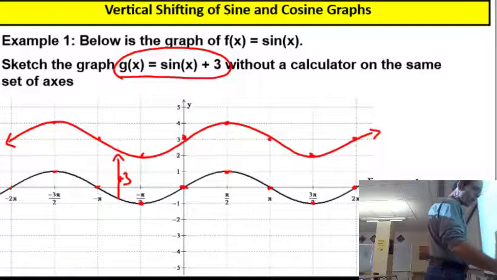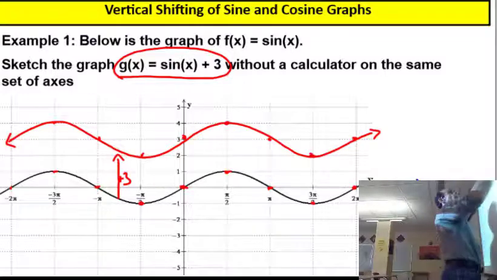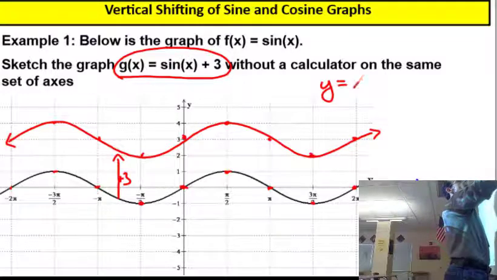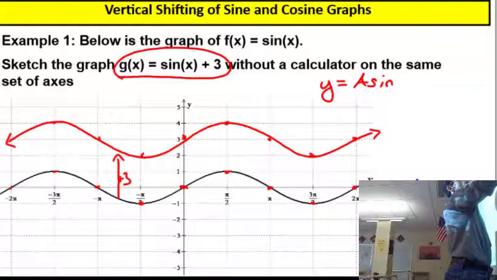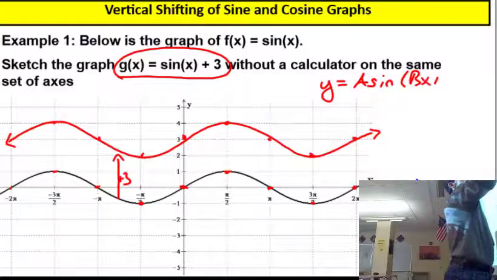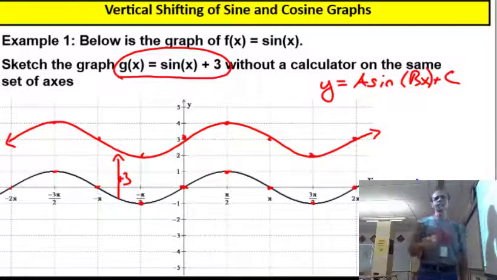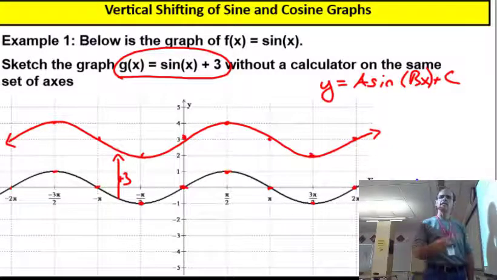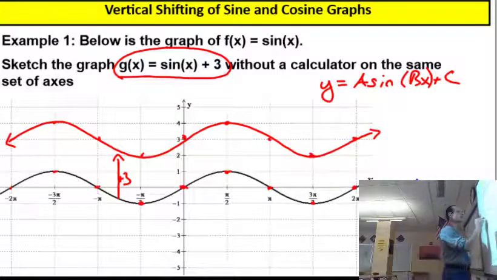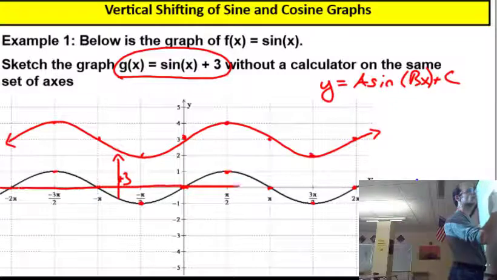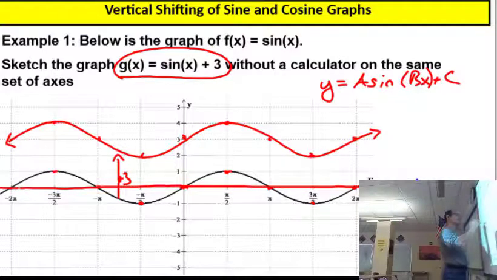So the way you're going to think about it is when you look at y is equal to a times the sine of bx plus c, on the outside of the parentheses, c, the number c, is the equation of the midline. In this case, the midline is y is equal to 0.